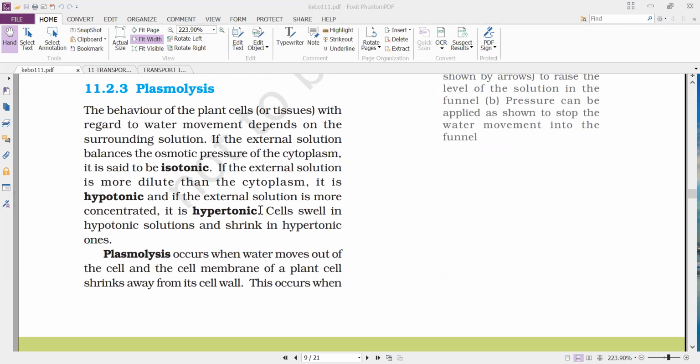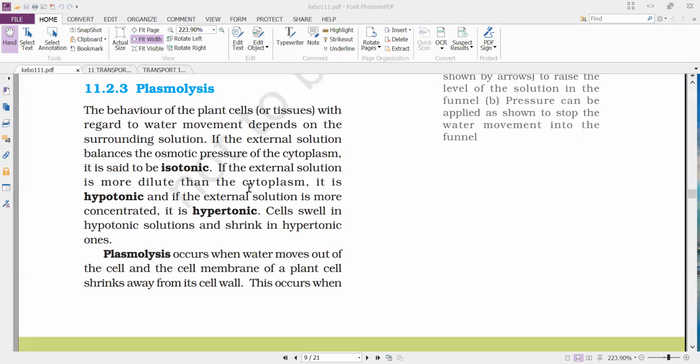And what happens when these conditions occur? In an isotonic solution, the net movement of water molecules is 0, so we observe there is no change in the size or concentration of the cell. But when you place the cell in a hypotonic solution, the external solution has lower concentration than the cytoplasm of the cell.